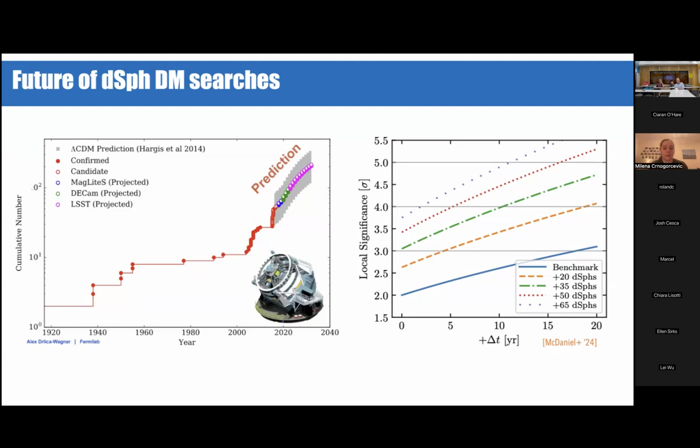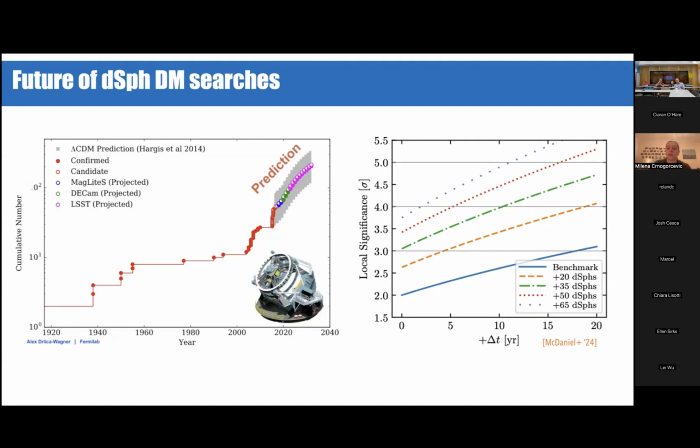What does that mean for the Fermi-LAT searches? On the right, I show the plot of the local significance of the dwarf spheroidal galaxy signal as a function of number of years considered in Fermi-LAT data, and the increasing number of dwarf spheroidal galaxies.